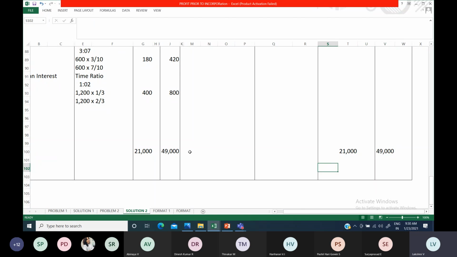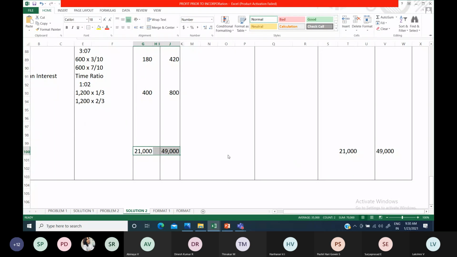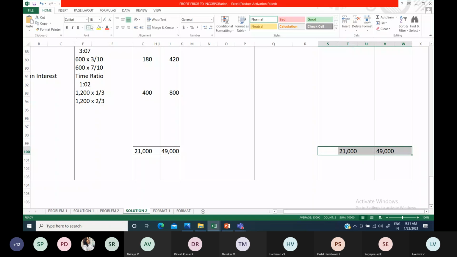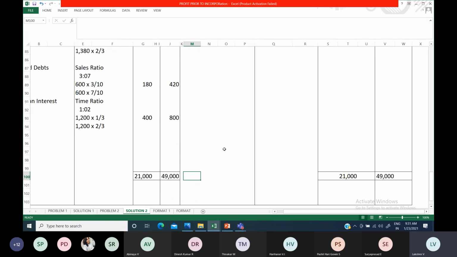Okay. So next you have to put a box like this. Okay. So now you have to balance. How to balance? You find out which side has the higher amount and write it on both the debit side and credit side, common as usual.